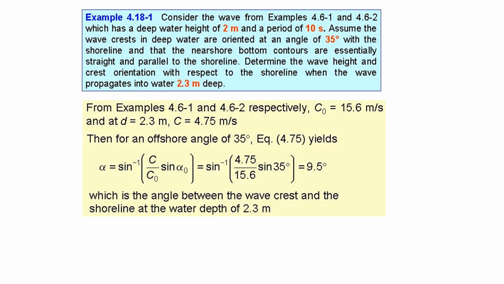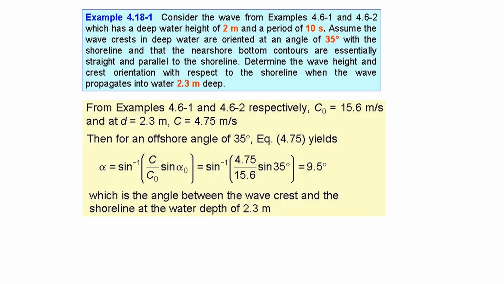Right, now let us look at an example. Consider the wave from examples 4.6-1 and 4.6-2, which has a deep water wave height of 2 meters and a period of 10 seconds. Assume the wave crests in deep water are oriented at an angle of 35 degrees with the shoreline, and that the nearshore bottom contours are essentially straight and parallel to the shoreline.